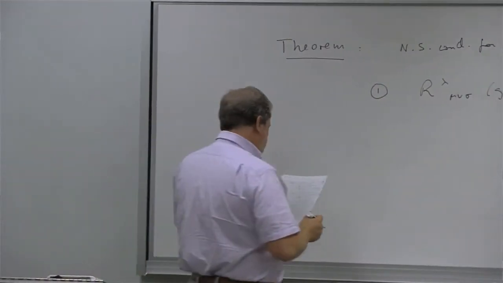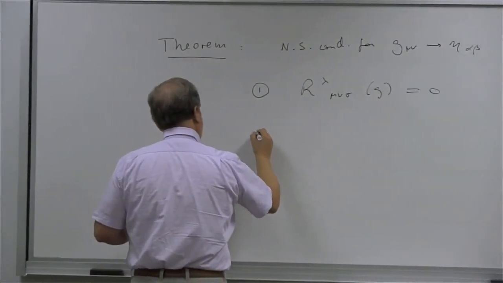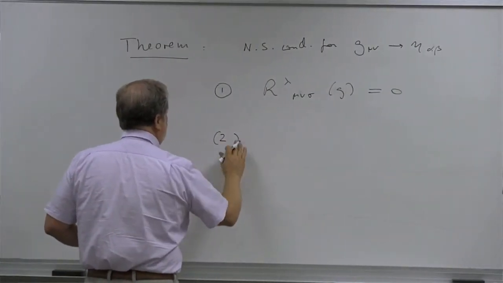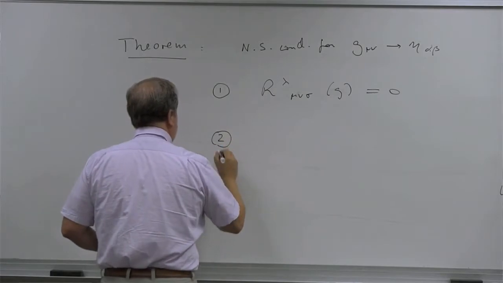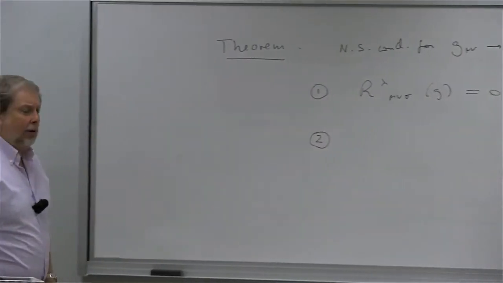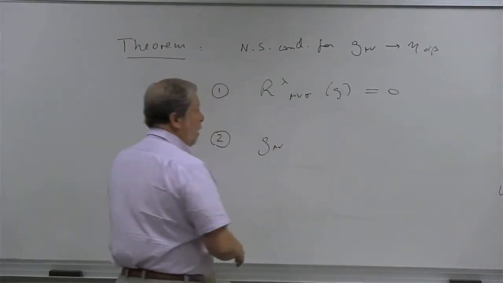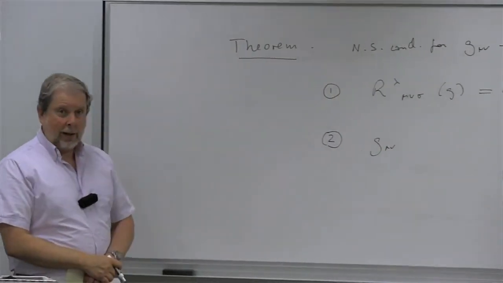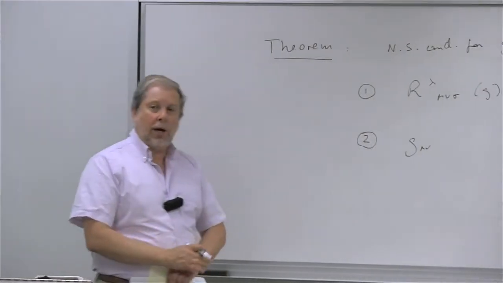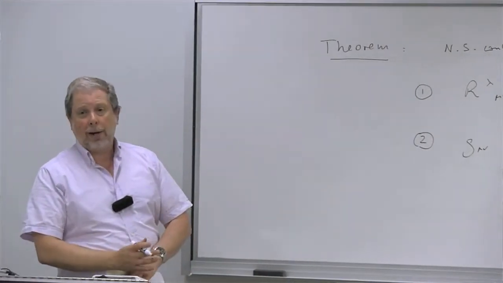And there is a second constraint, which is also fairly obvious, and that is that g mu nu has to have the right eigenvalue structure. That is, it has to have 3 positive eigenvalues and 1 negative one.